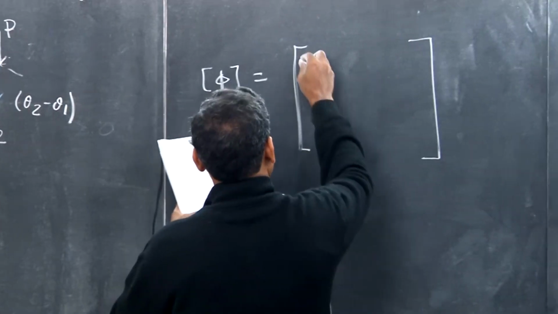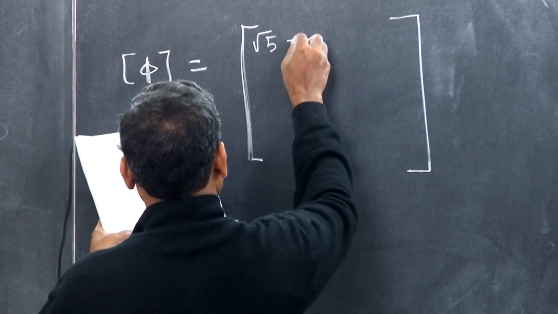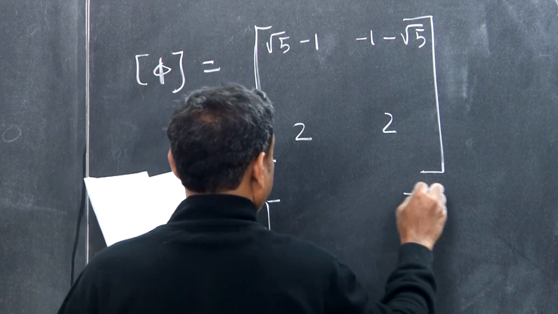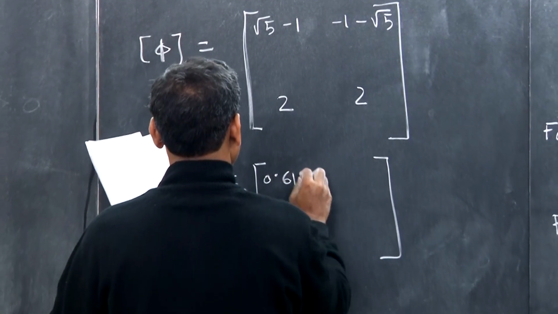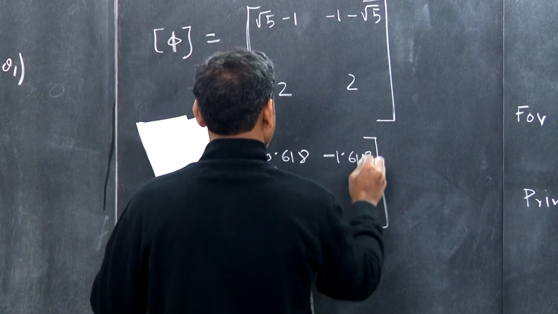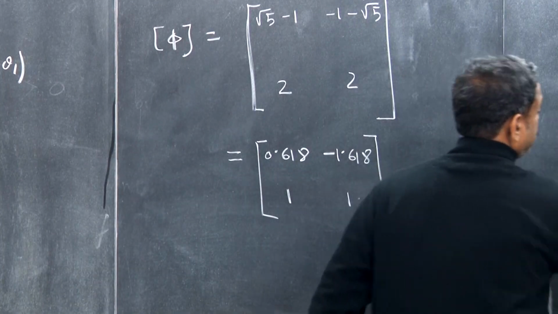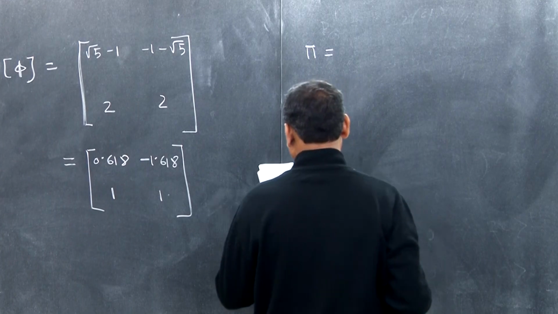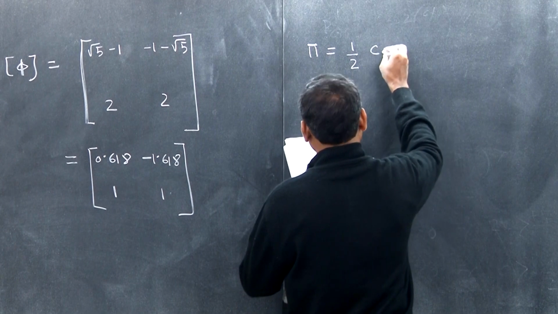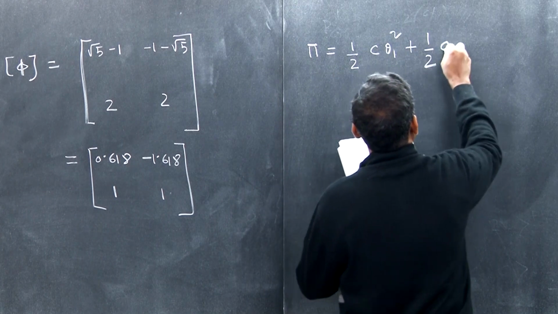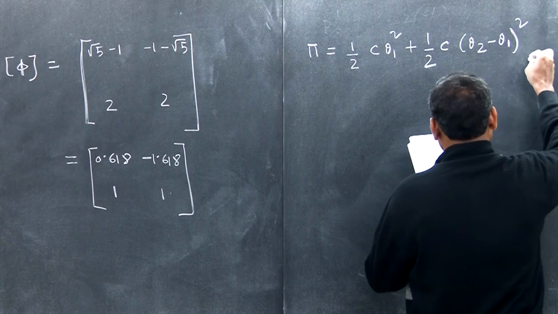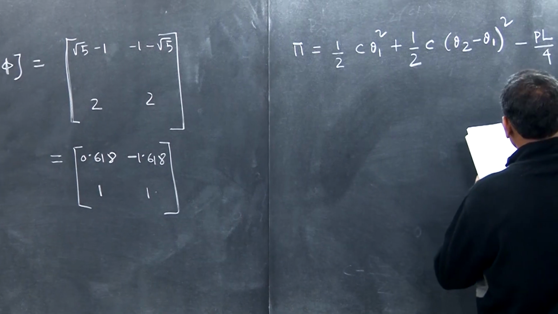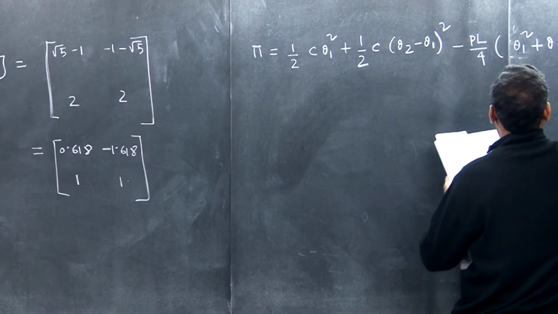The modal matrix can be written in terms of minus 5, minus 1, 2, minus 1, minus root 5 by 2, or in terms of these values when normalized: 0.618, 1, minus 1.618, 1. The potential energy Pi, if you recall the expression, was half c theta 1 square plus half c (theta 2 minus theta 1) square, and then minus P l by 4 times (theta 1 square plus theta 2 square).